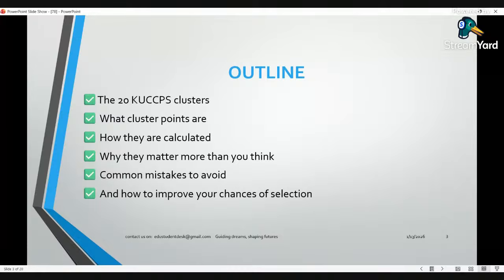Fourth, we will highlight common mistakes students make. And finally, we will share tips on how to improve your chances of selection, from understanding your academic strengths to choosing realistic and strategic course options based on your performance. So by the end of the session, my hope is that you will be fully equipped to make informed decisions that bring you closer to your dream career.